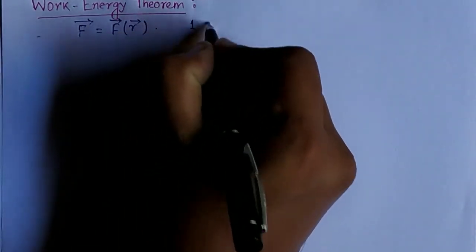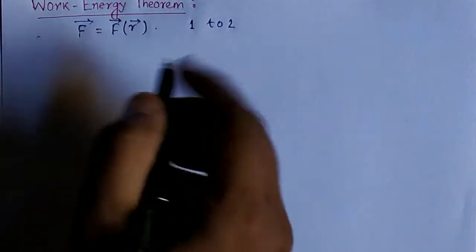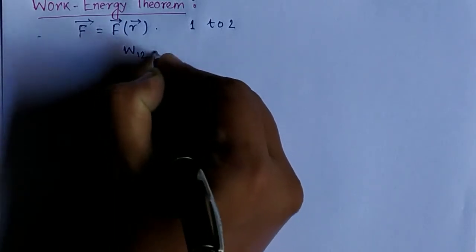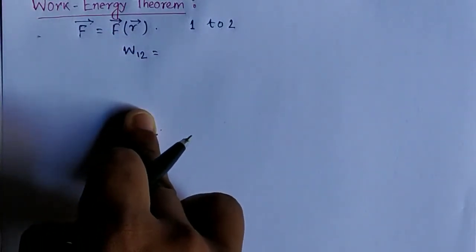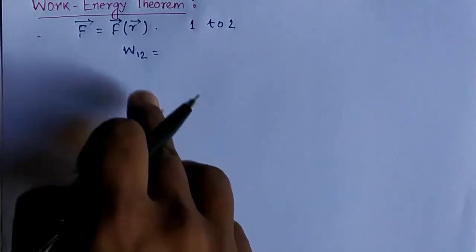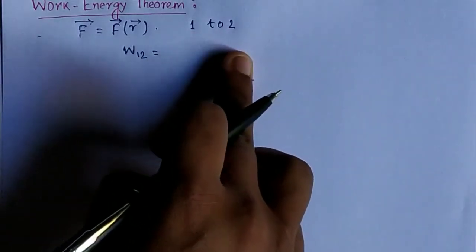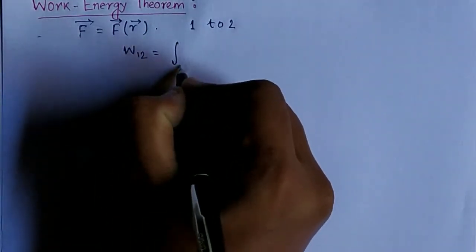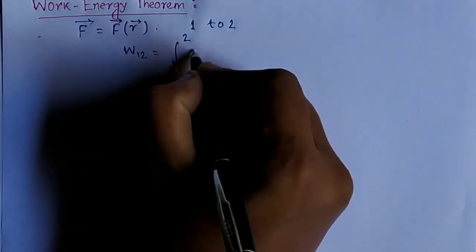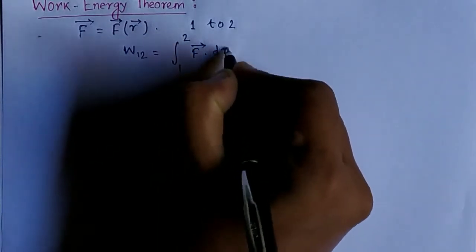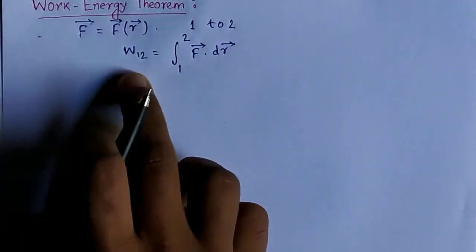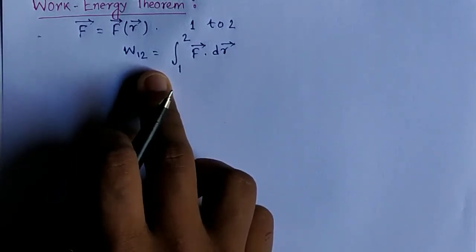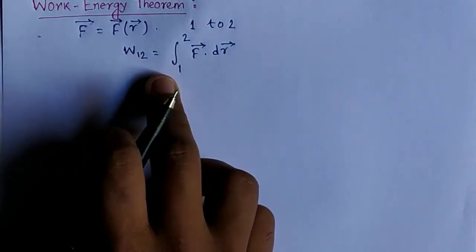1 to 2 is given by the following line integral. W12, the work done on the particle moving from position 1 to 2, is equal to the integration from 1 to 2 of F dot dr, which represents the work done by the force on the particle moving from position 1 to 2.